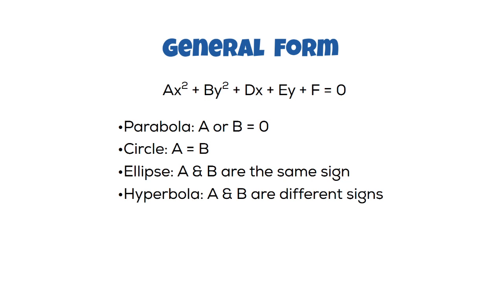when you're looking at a conic that's in general form, which conic is it? Well, if it's a parabola, then A or B is going to have to be equal to 0. Really what that means is there's only going to be one of these terms squared. Think about it. A parabola, we know it's like y equals x squared, so there'd only be an x squared.